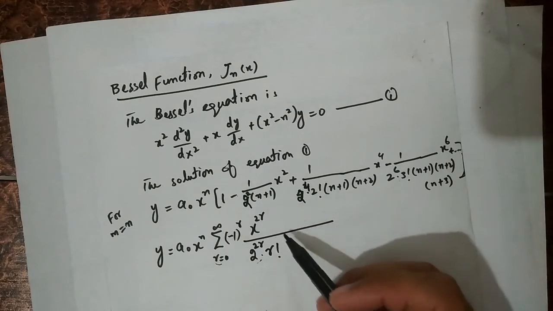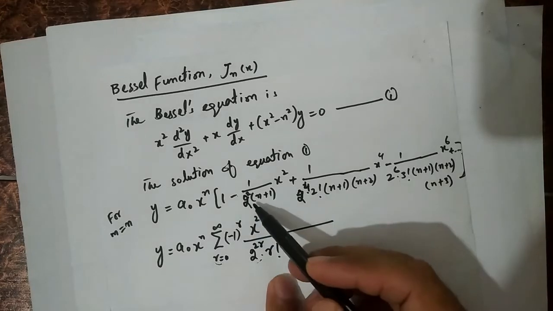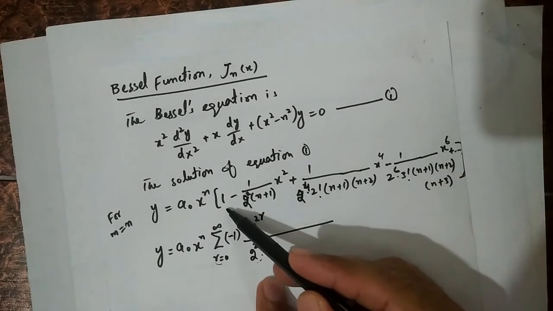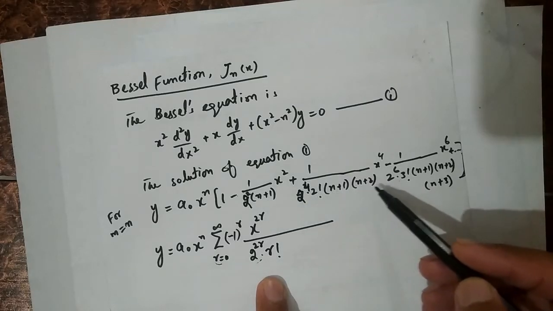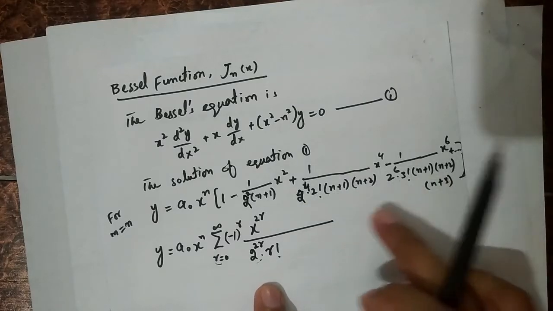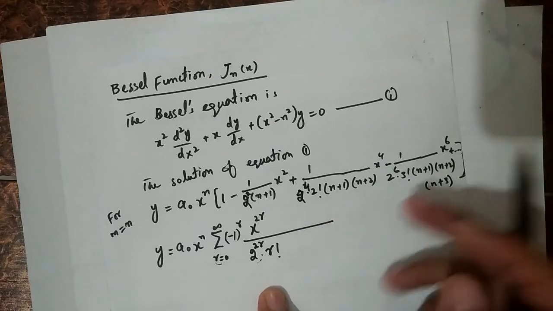So we can write it in this form. In the first term we have nothing. Here we have n plus 1, n plus 1 times n plus 2, and these terms are increasing term by term.